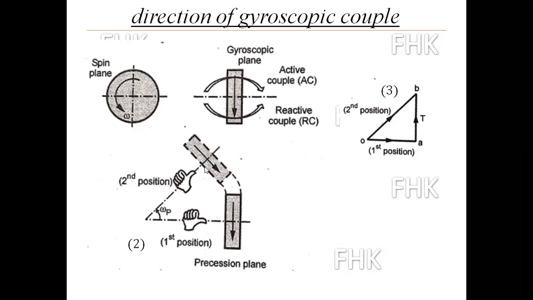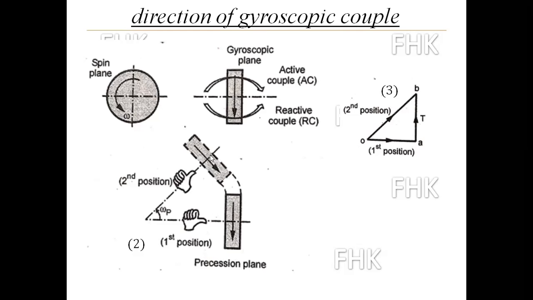Now again by the right hand thumb rule, the tip of the curling finger is showing the direction of spinning of the disc. The arrow is showing downward direction again, as here also the arrow is showing downward.